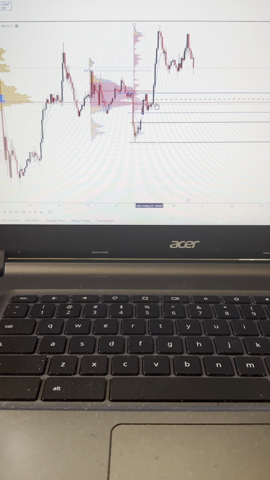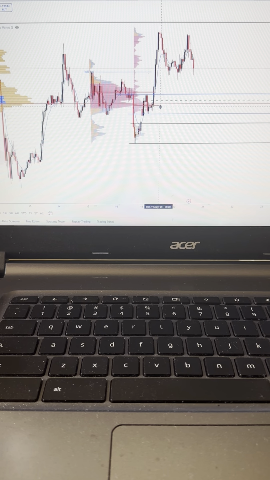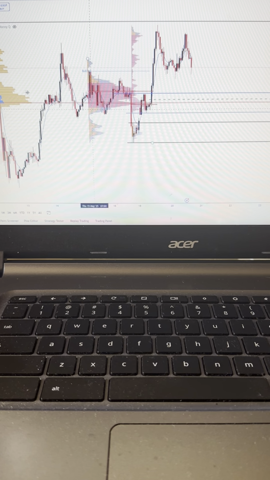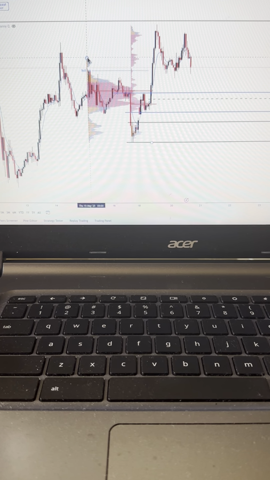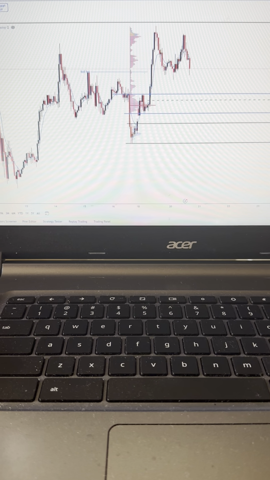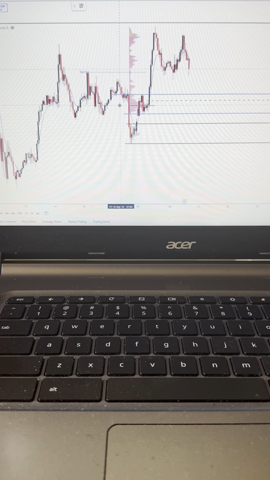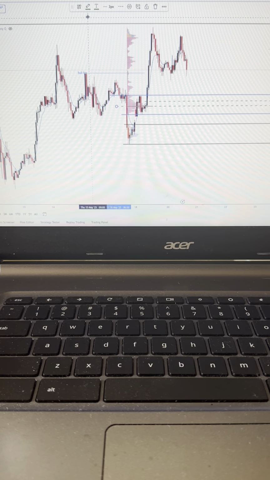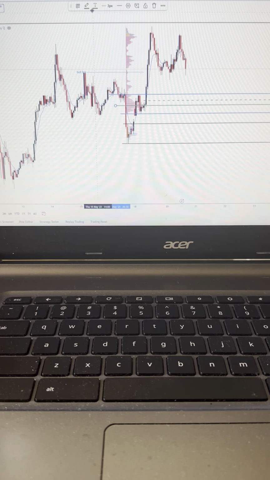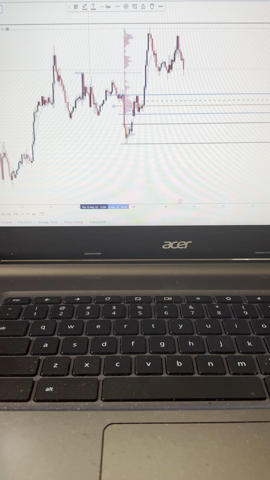I like this area here. This is a nice volume area here. So we'll be keeping it right here. So this orange bar is going to represent my volume node, right?